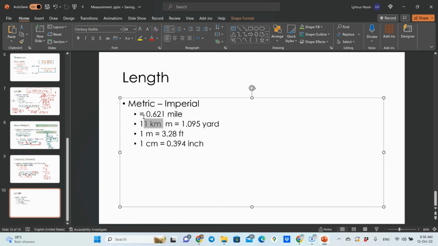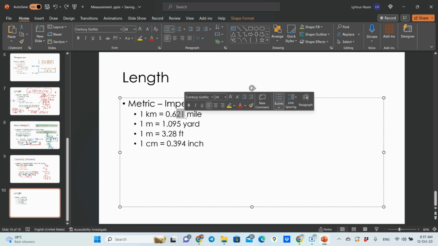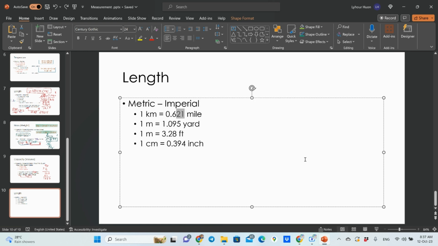If it's 2 kilometers, to be accurate, 0.621 times two is 1.242. But if you approximate, it's about 1.2. So the difference is not very big.